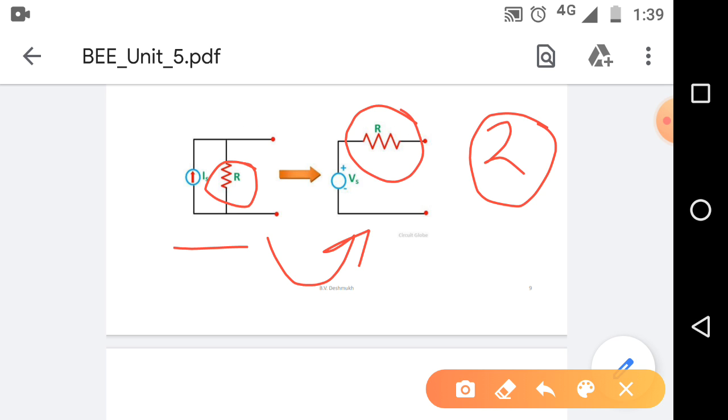These are called source transformation. Key points. A voltage source can be converted into a current source when the voltage source and resistance are connected in series. Second key point. A current source can be converted into a voltage source when the current source and resistance are connected in parallel.